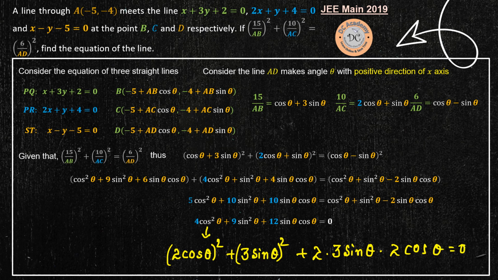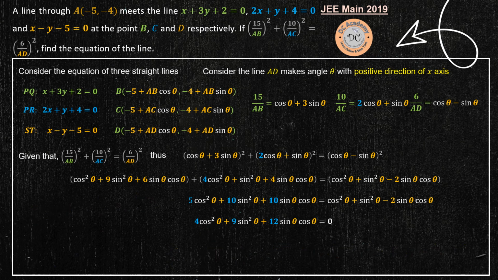So see that it is equivalent to a² plus b² plus 2ab. So therefore it will be (2 cos theta plus 3 sin theta) whole square, and that's equal to 0. As a square term is 0, we consider that 2 cos theta plus 3 sin theta is equal to 0, and that's it.